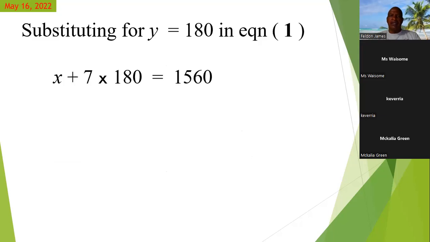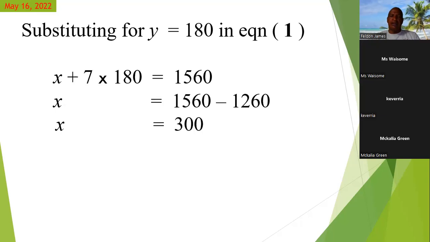So we have x plus 7 times 180 equal to 1560. Multiplying 7 times 180, we get 1260. We subtract that from 1560, so x equals 300.